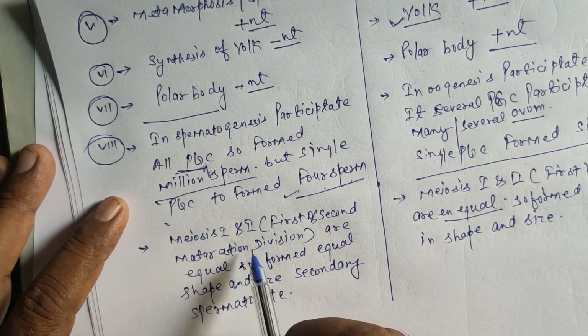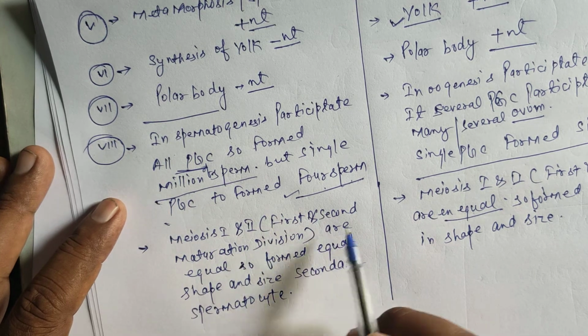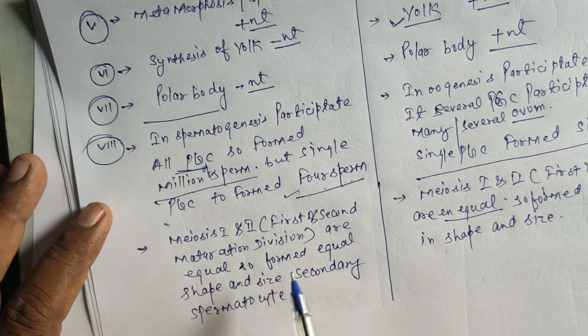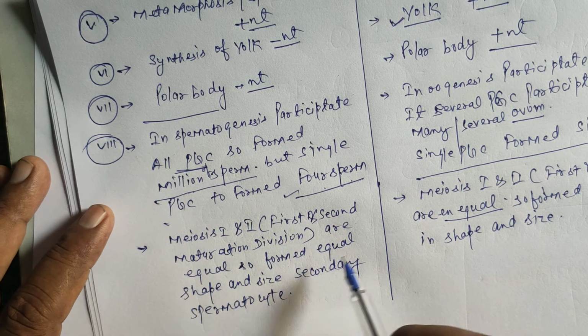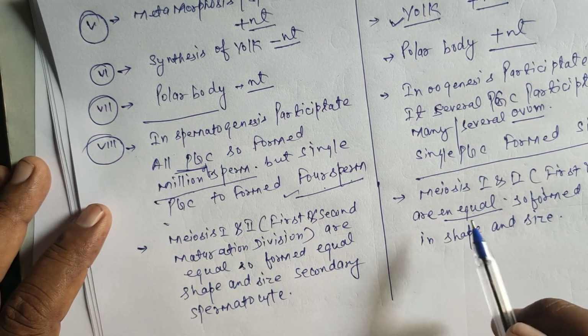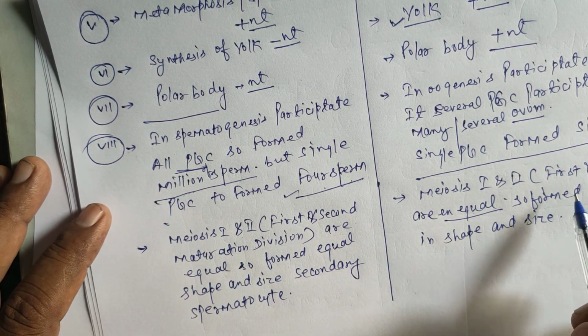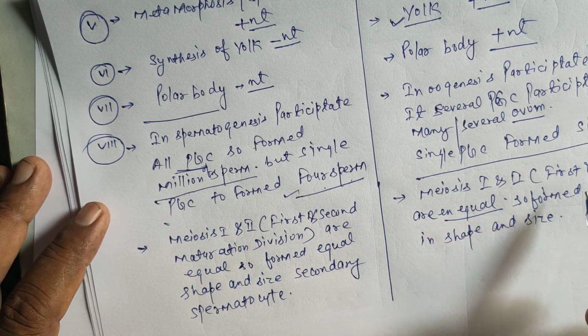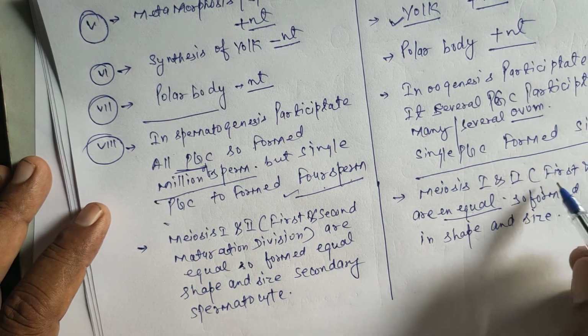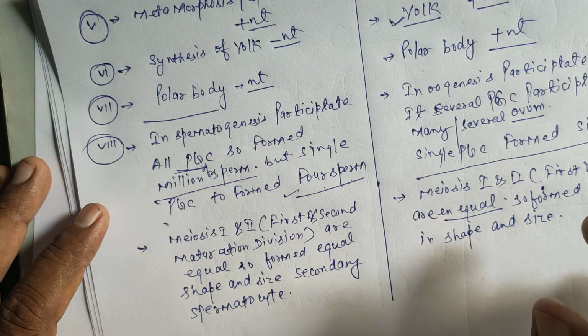Meiosis first and second, meaning first and second maturation division, are equal, but in oogenesis they are unequal, so the formed cells are unequal in shape and size.